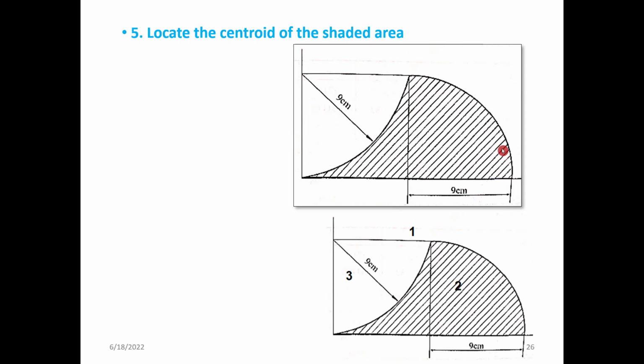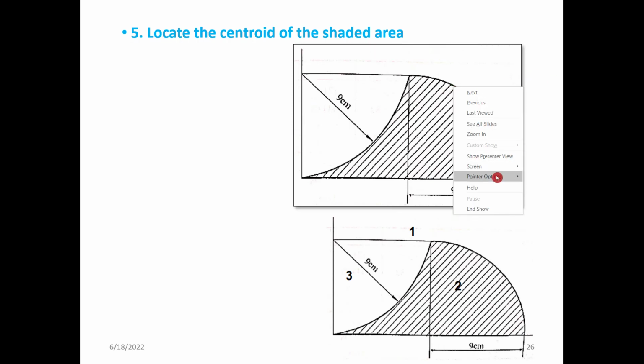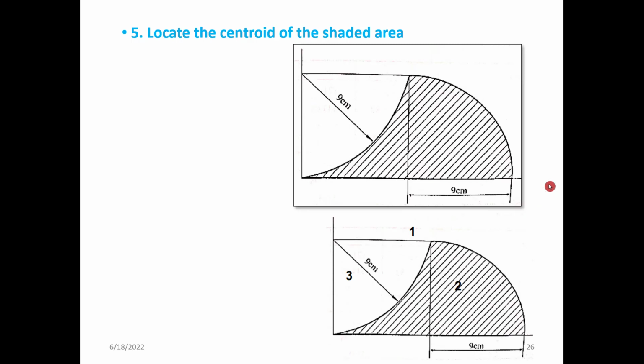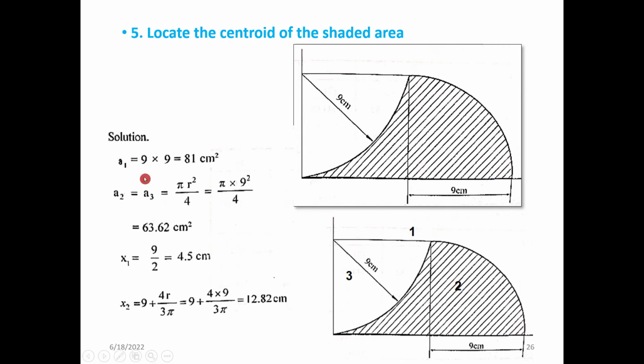We can divide this composite shape into a rectangle 1, then 2 is this portion, and 3 is this portion. So from the total area we can deduct 2 and 3 to find the shaded area.